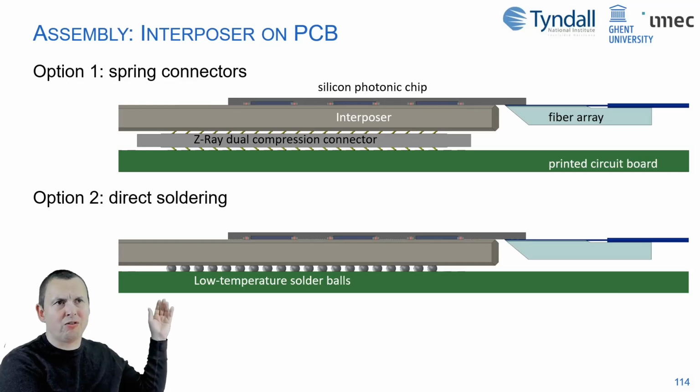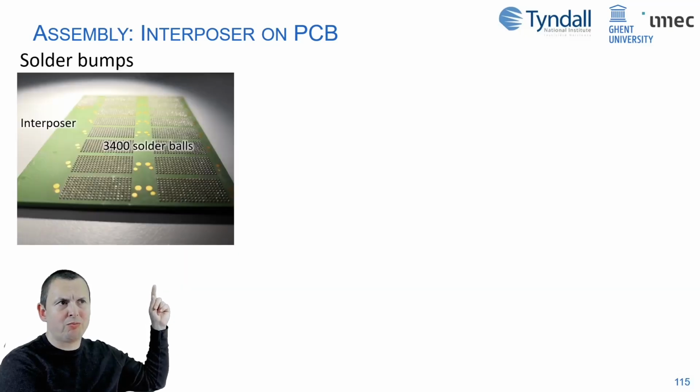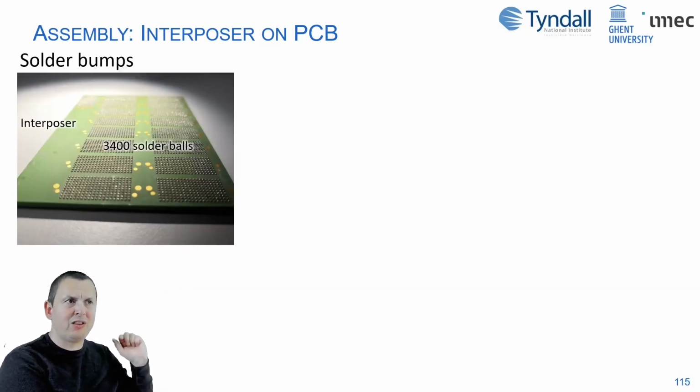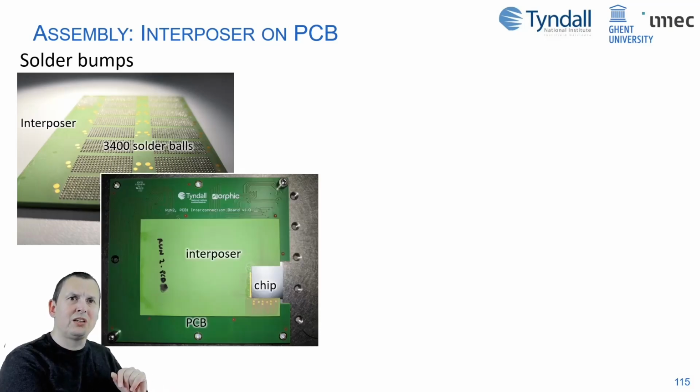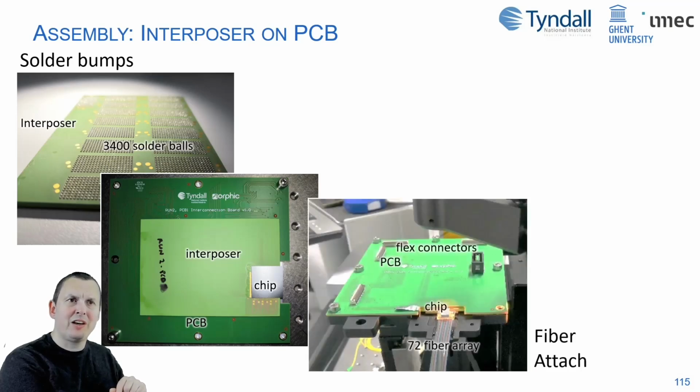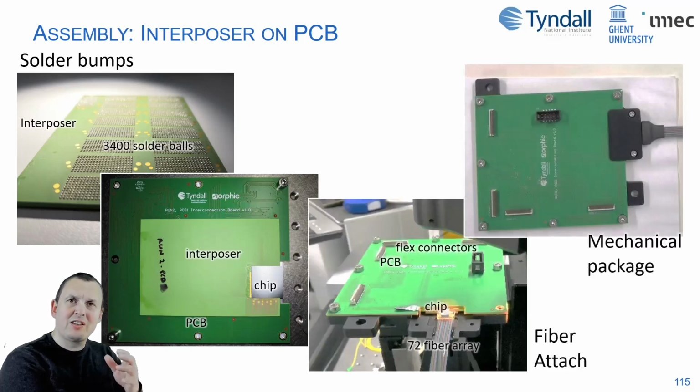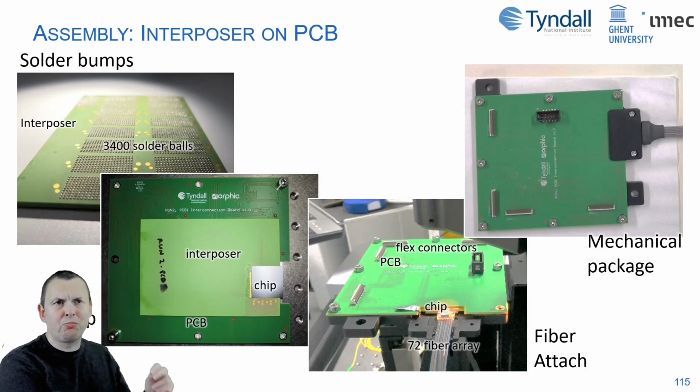So for that, you first take the bottom part of the interposer, you add the more than 3,300 solder balls, and then you flip chip it onto the printed circuit board, you do the reflow, you do the fiber attach, and you put everything in a mechanical housing. Now you see that this is not a straightforward packaging flow, but it's built to support this very large number of electrical connections which you need if you want to prototype very complex photonic integrated circuits.